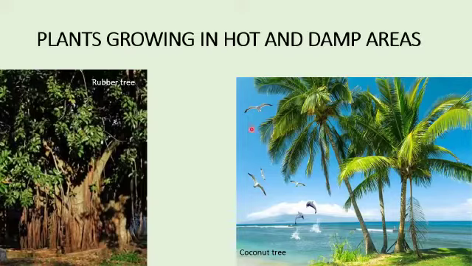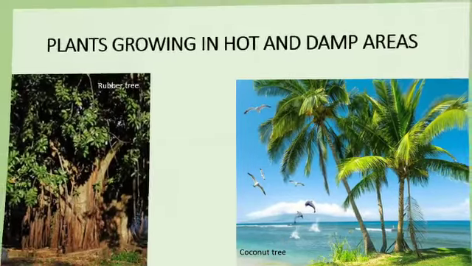Therefore, they remain green throughout the year. That is why they are called evergreen trees. Rubber, cotton, coconut, sugarcane, etc. are evergreen trees. Now, children, let us see the key points which you should remember.